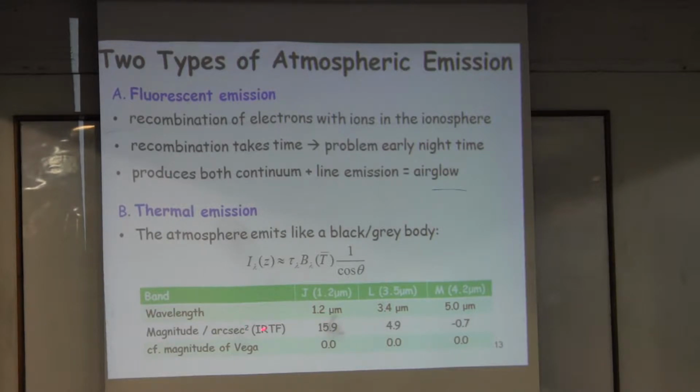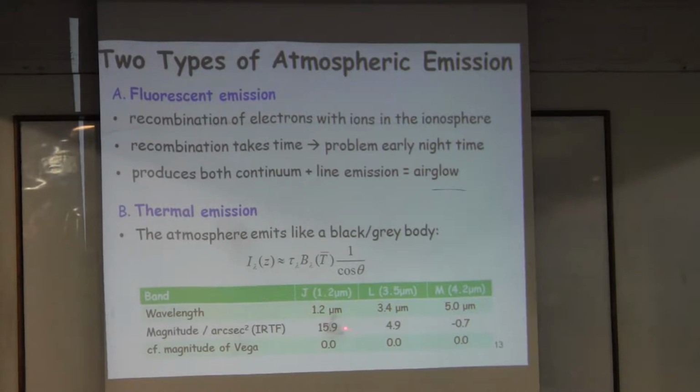The magnitude per square arc second at the telescope. So at 1 micron, the thermal emission is fairly small, only 16 magnitude. That was measured with the Infrared Telescope Facility, which belongs to NASA, on Mauna Kea in Hawaii. But you can ignore that.